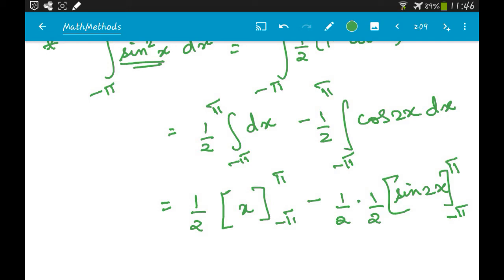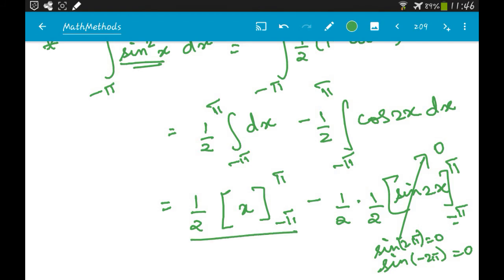What is sine 2 pi? Sine 2 pi is 0. Sine of minus 2 pi is also minus sine 2 pi, which is also 0. So this term is 0, because sine 2 pi is 0 and sine minus 2 pi is also 0.